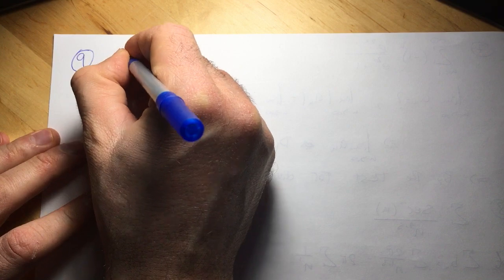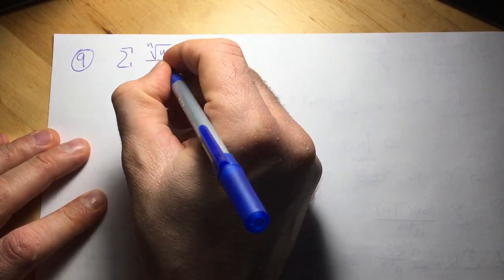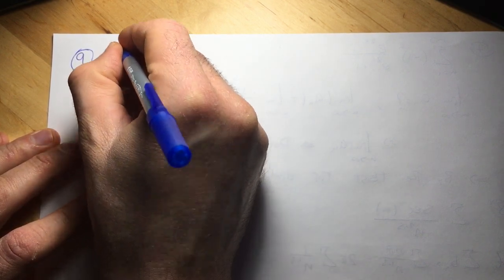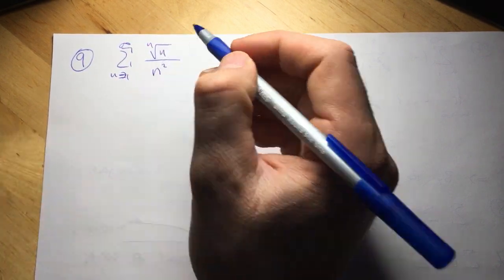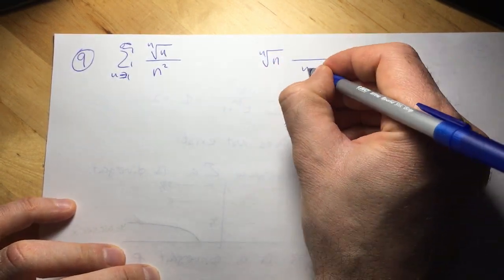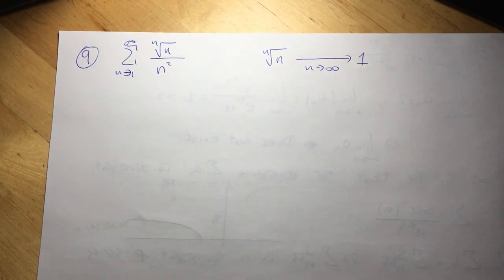Okay, so let us see now question number 9. Sum of nth root of n over n squared, as n starts from 1 to infinity. Nth root of n, we talked when we did sequences, approaches 1.